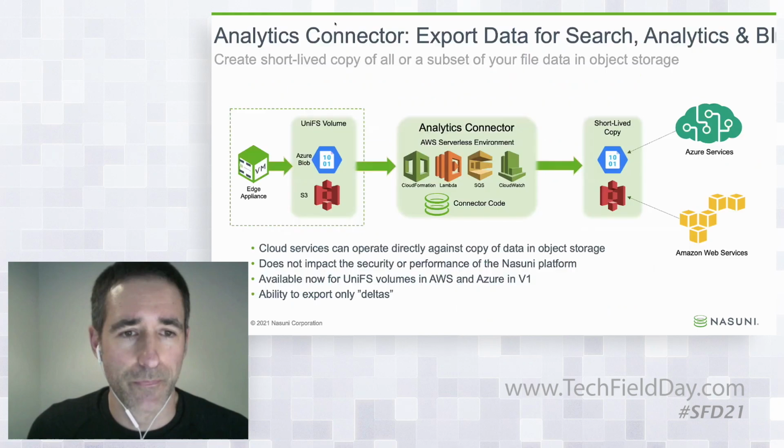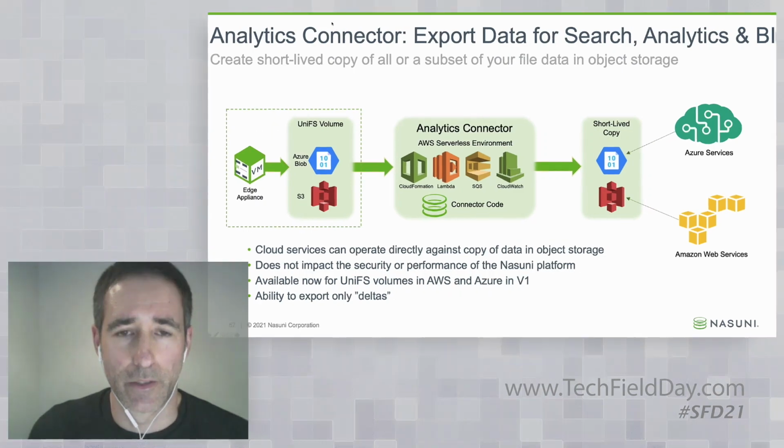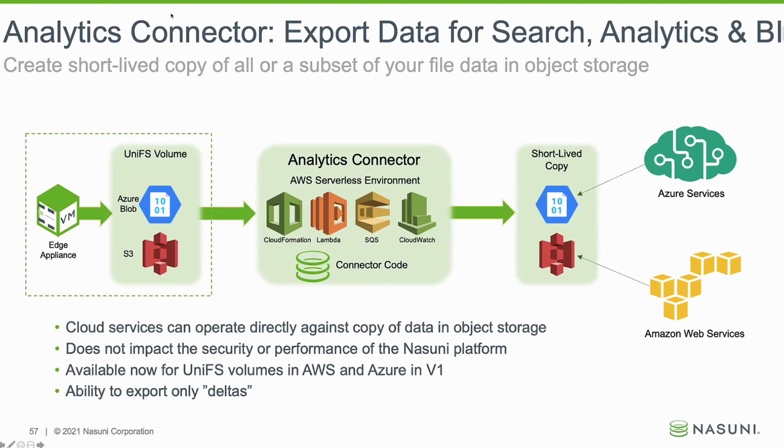So my last slide, just briefly, is a high-level architecture of what the Analytics Connector looks like and where it fits in. On the left-hand side, we've got an edge appliance, and really in this case, it's going to be multiple edge appliances writing to Nasuni volumes, and those volumes are backed typically by S3 or by Azure Blob Storage accounts.